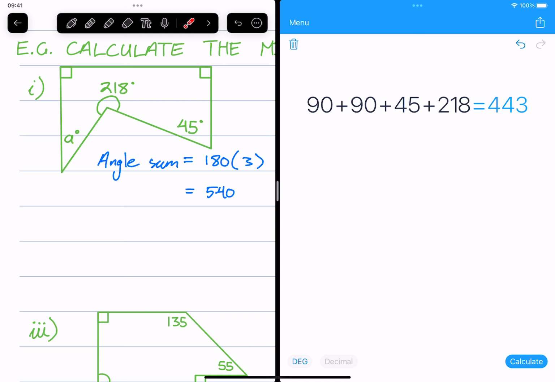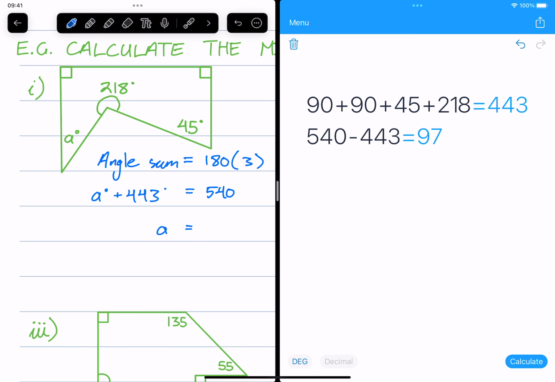All of this adds up to 443. So A degrees plus 443 should add up to 540. We can figure out what the missing value is by subtracting from 540.